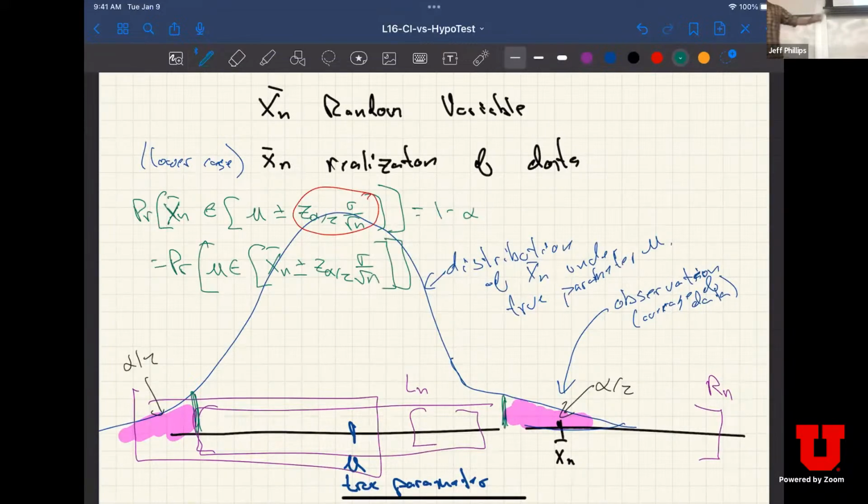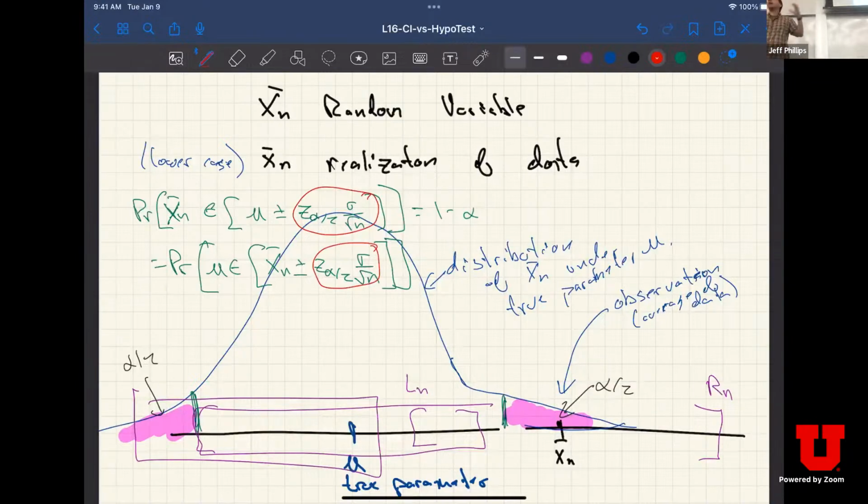By adding and subtracting this term I've circled in red from both sides, I'm putting the confidence interval around xn bar instead.